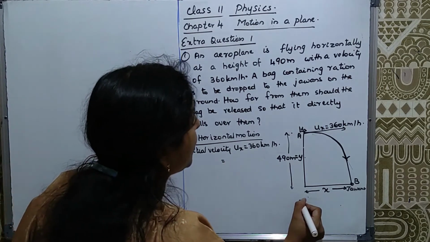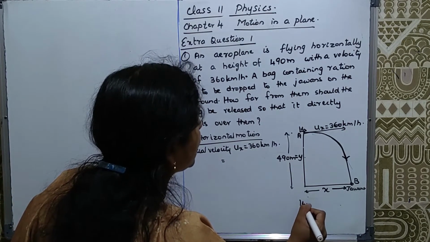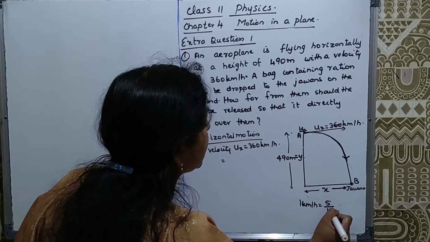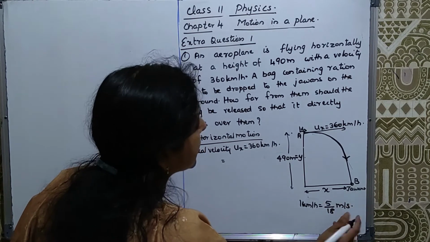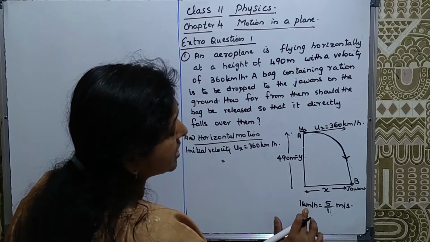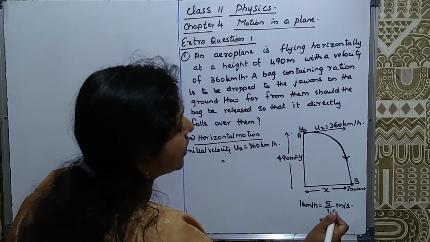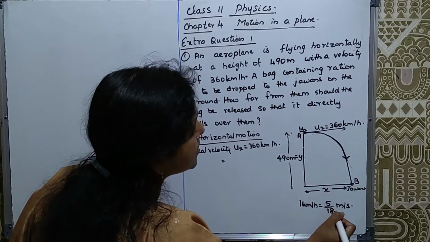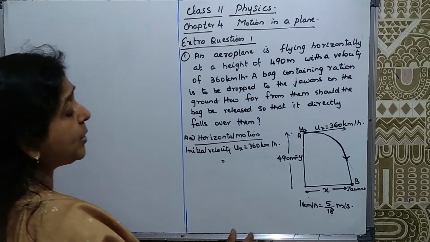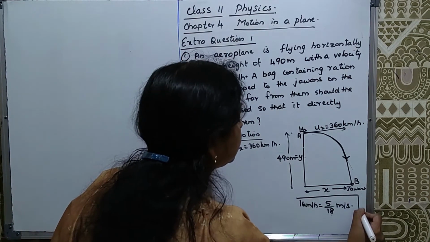Now for changing kilometer per hour, 1 km per hour equals 5 by 18 meter per second. How are we getting this? 1 kilometer is 1000 meter, 1 hour is 3600 seconds. So when we divide 1000 by 3600, we get 5 by 18 meter per second.